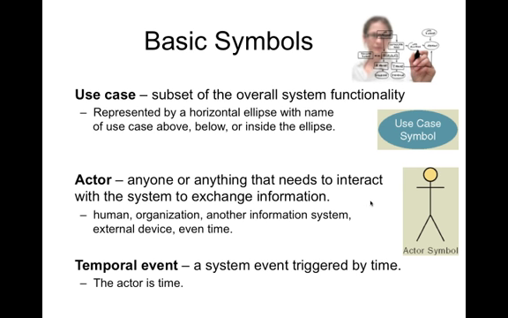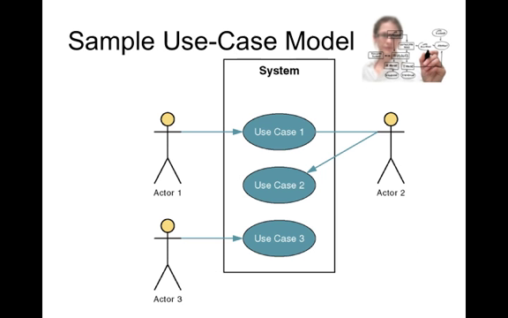It can be a person, it can be an organization, it can be a system, it can be a phone or a device or a keypad. It can even be time. And temporal events, so things that are triggered by time. And we will particularly look at those. I can't think of an example in any of the work that you're doing that would need a temporal event, but maybe.